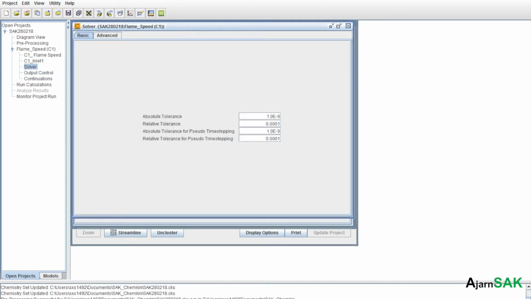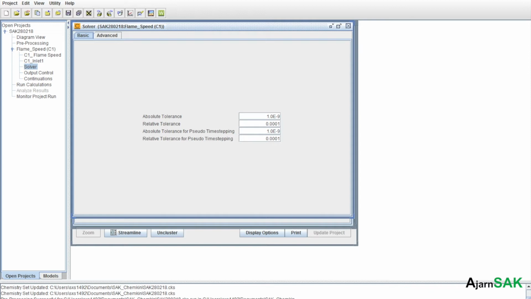Now this is important. The solver is what you should control when you can't converge a solution or when your solution has failed. So what you have here is the absolute tolerance. It means that when your iteration number n plus 1, it's going to iterate for you many times depending on your result. Iteration number 1, 2, 3.